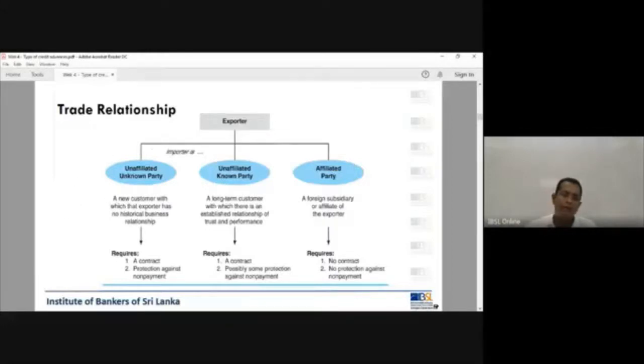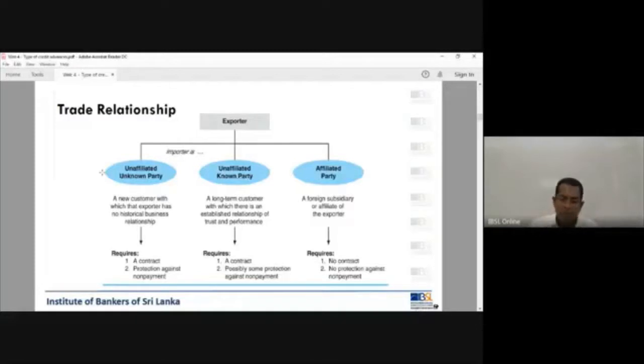So in the first case, we need a contract. Then we need to have protection against non-payment. We send the goods, but we will not get money and our goods.